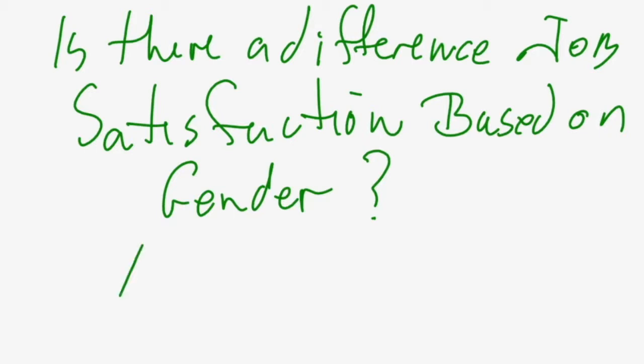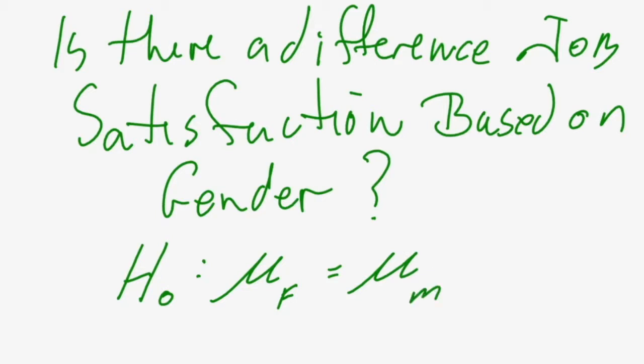So my null hypothesis looks like this: the mean of the females will equal the mean of the males. And the alternative is that the mean of the females does not equal the mean of the males.